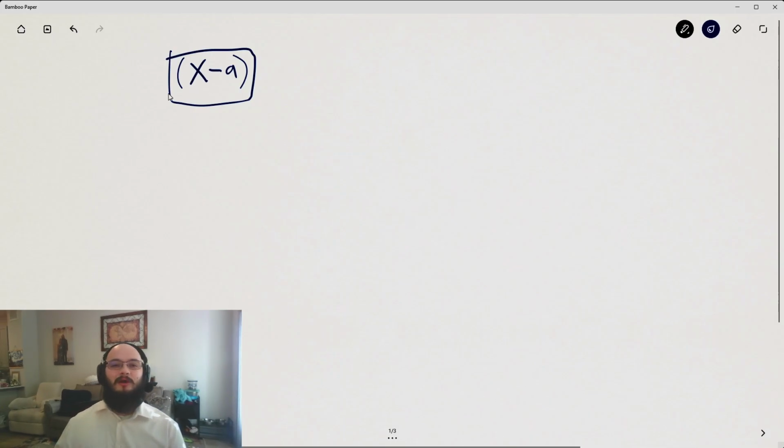You're just going to end up working with a fraction, and you can still do your synthetic division. But if x is raised to a different power other than 1, I don't recommend using synthetic division. You could still do it, but at that point, it is just straight up faster to do long division. So stick with that. Let's take a look at an example and how we're going to do synthetic division.